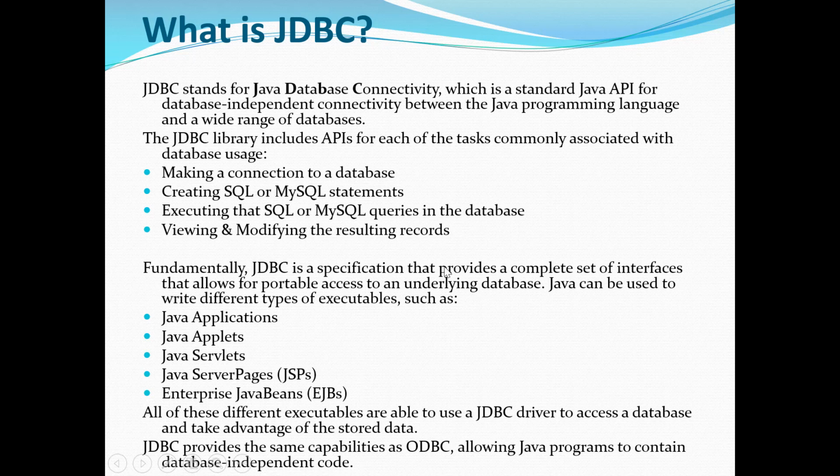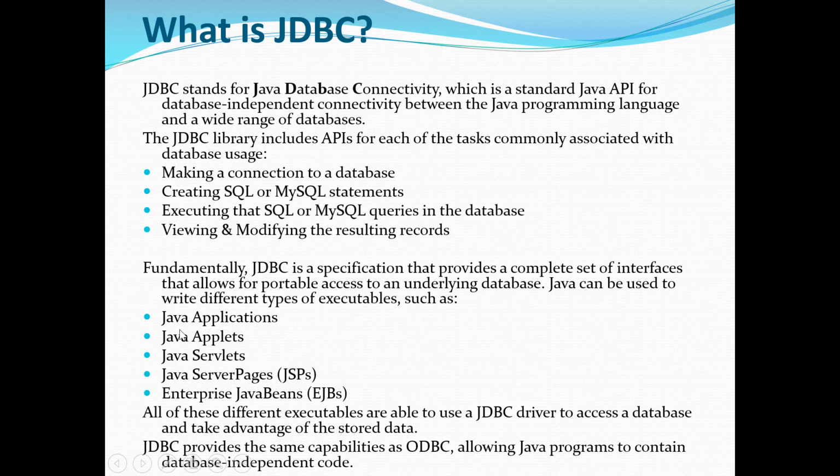Is it clear? Yeah. So fundamentally, JDBC is a specification that provides a complete set of interfaces. We have a set of built-in interfaces used in JDBC. We'll see them one by one. And then Java can be used to write different types of executables, and we can use JDBC with all these applications.